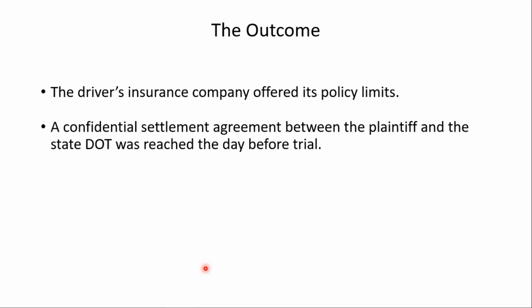The driver's insurance company offered its policy limits just prior to trial. And then a confidential settlement agreement was reached between the plaintiff and the state DOT literally the day before the trial. So I'd be glad to address any comments or answer any questions anyone has on that one.